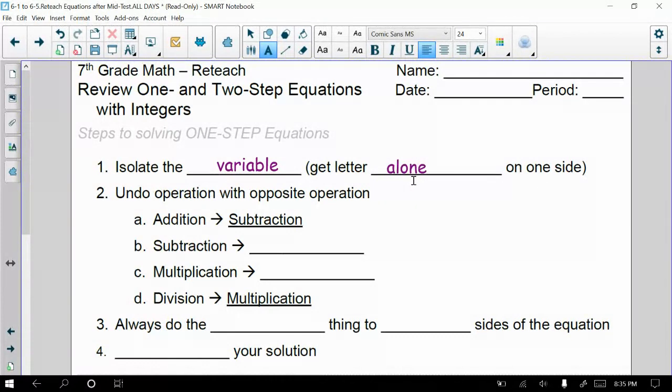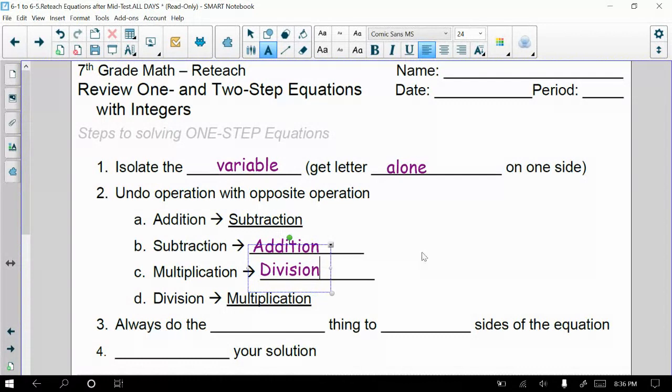The way that we do that is we look to see what operation we see. If you see addition with the plus sign, that means you need to do subtraction to get rid of that number. Vice versa, the opposite of subtraction is addition, and the opposite of multiplication is division.